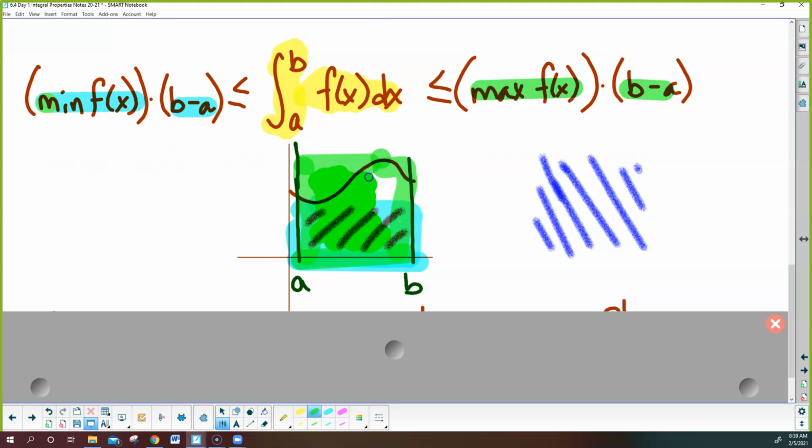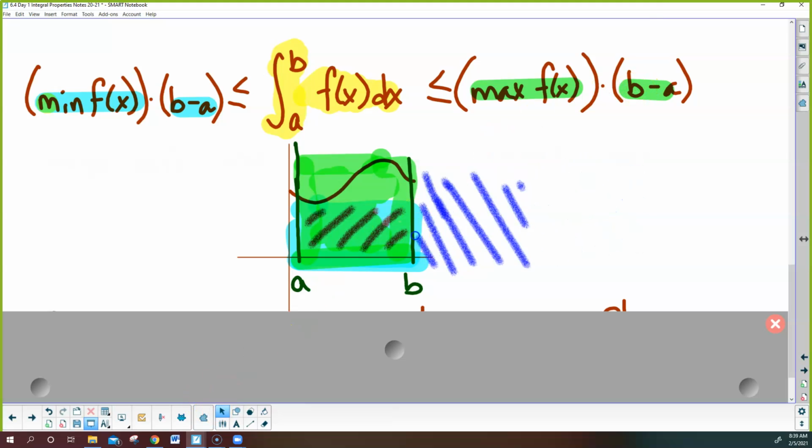Now you can tell that I'm going to purposely leave this unshaded, but the rectangle of the light blue shaded region is going to be smaller than, it's an underestimate of this integral, and the green value, the larger one, taking the maximum and the width, is going to actually be larger than.